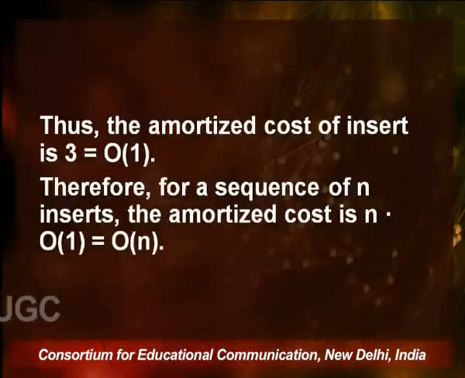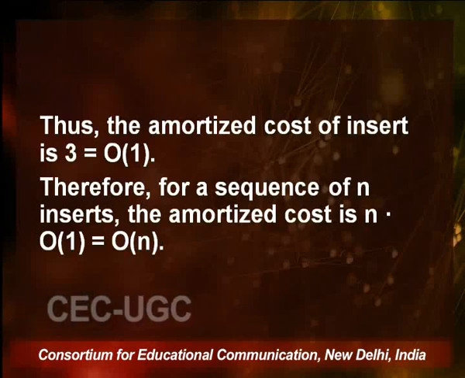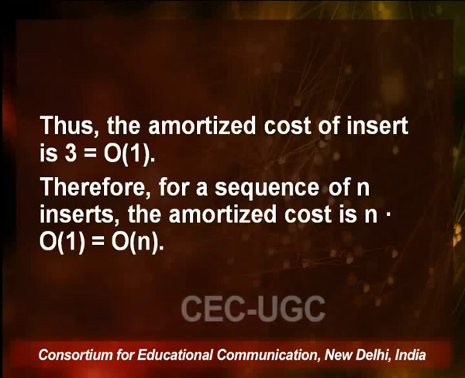For n insert operations it is going to be order 1 into n, which is order n. So for a sequence of n inserts, the amortized cost per operation is order 1, and this is the result which we wanted to establish, and it has been established using the potential method of amortized analysis.